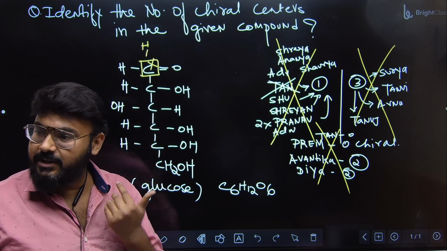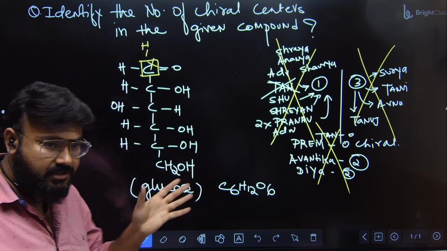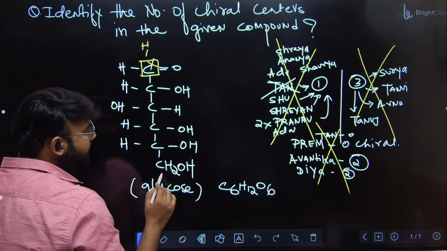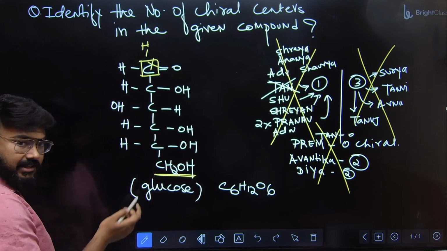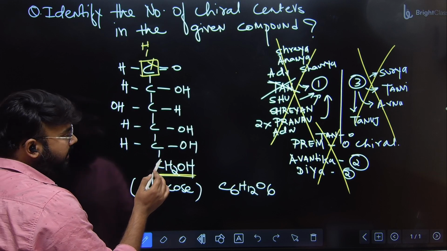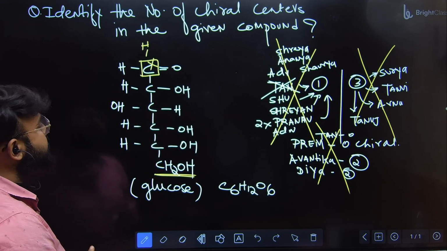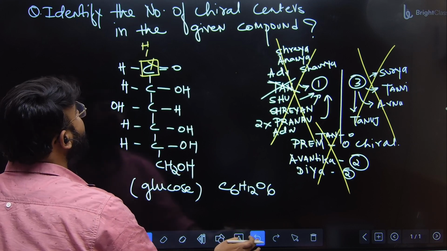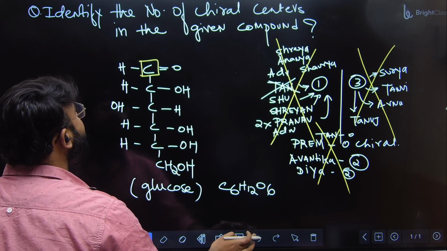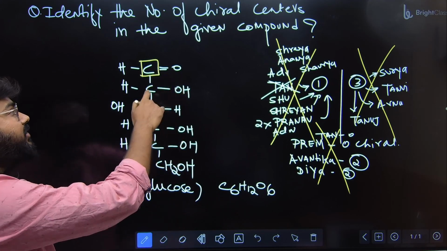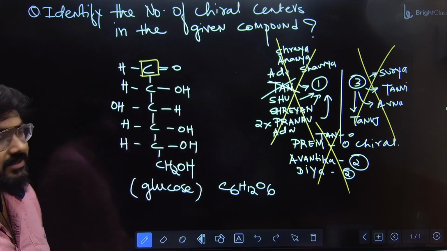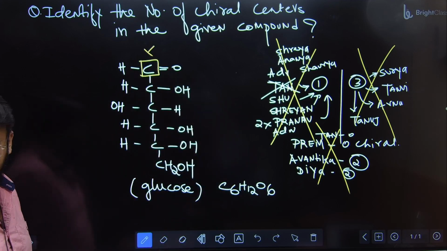So the first carbon is gone. It's out of the list. Now, if I look at the last carbon, the sixth carbon, one side it has this carbon. Oh, my bad, yes. Not because of hydrogen. You made a right point. It's because its two valencies are occupied by oxygen. So that is why it can't be the answer.